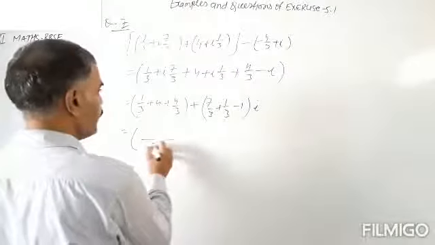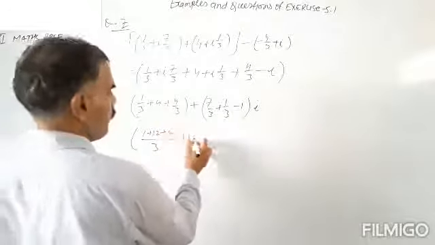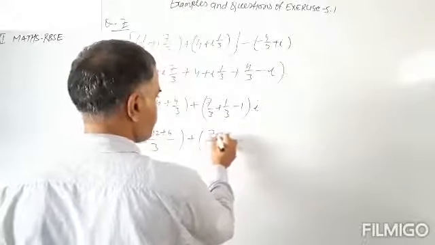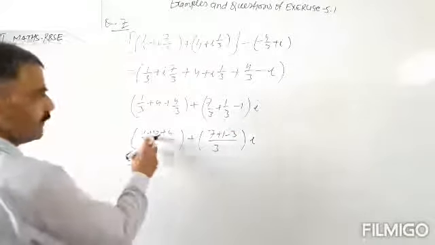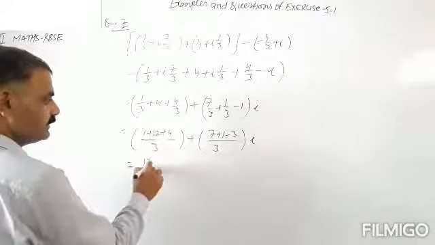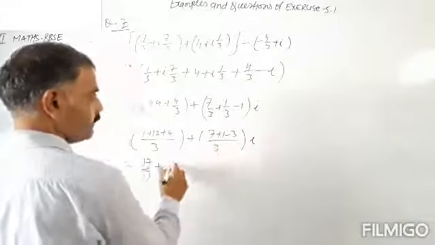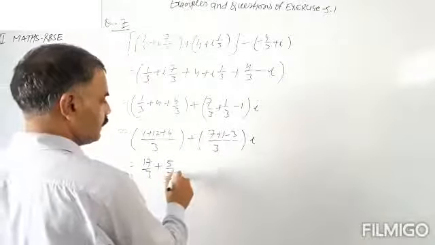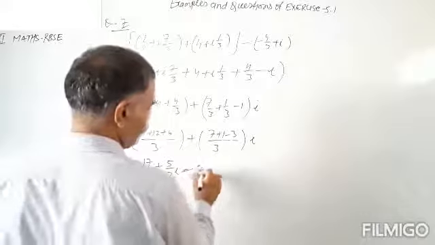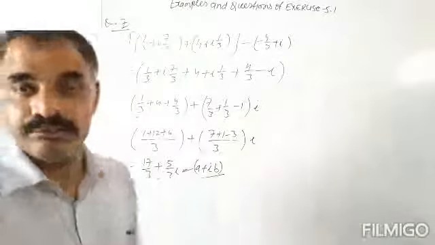So solve these, taking 3 as LCM: 1 plus 12 plus 4, and taking 3 as LCM, 7 plus 1 minus 3 iota. Very easy: 12 plus 4 is 16, plus 1 is 17, so 17 upon 3. Then 7 plus 1 is 8, minus 3 is 5, so 5 by 3 iota. So this is the standard form of the complex number a plus iota b.